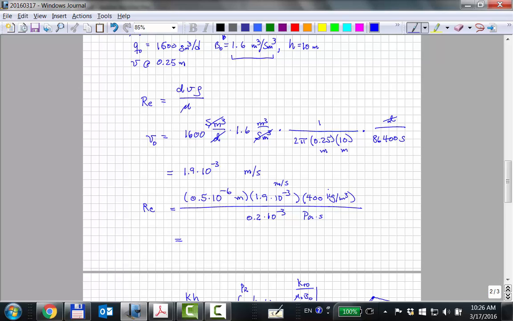What do we get? That's correct. It doesn't look like it's going to be greater than 1.